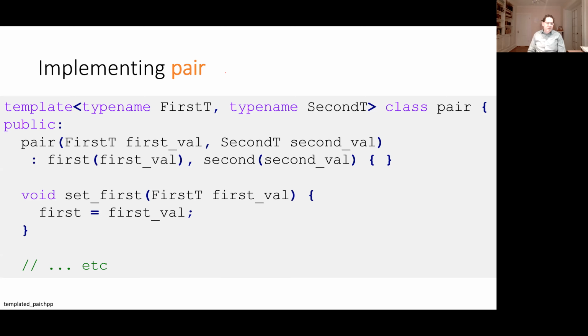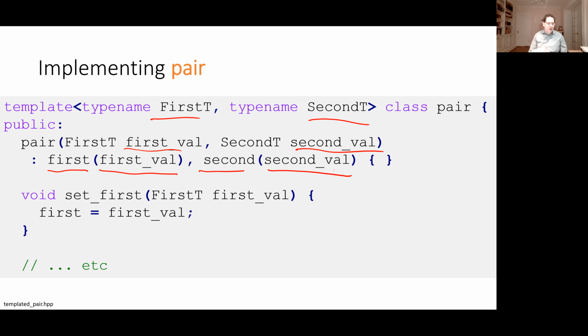Okay, so I showed you the header file. I haven't shown you the function bodies yet. The function bodies still look basically normal. It's just that the types use these type names. So for example, we had this constructor that we pass two values, first val and second val, and we're supposed to make an object. We can do this just the way we normally would. We set the first member variable equal to first val, and the second equal to second val.